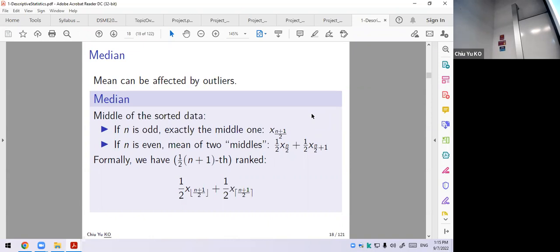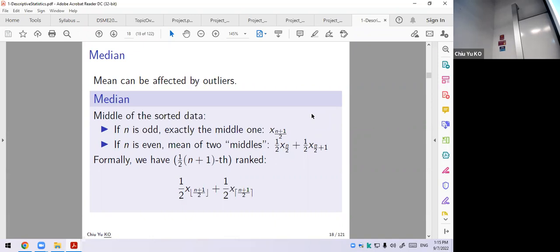But what is the meaning here? When N is odd, (N plus 1)/2 is exactly a data point that exists. Odd plus 1 is even, over 2 is a whole number. Say 3 plus 1 is 4, over 2 is 2. This data exists. But if N is even, say N is 4, 4 divided by 2 is 2, 2 plus 1 is 3. So it's the second data plus the third data, and you take the average.